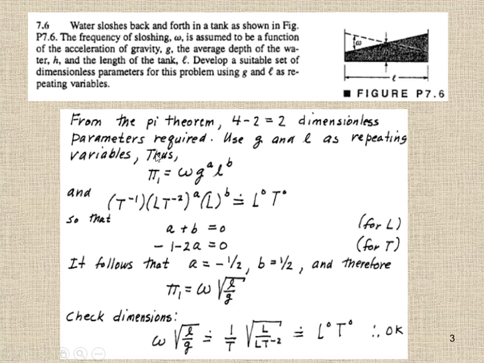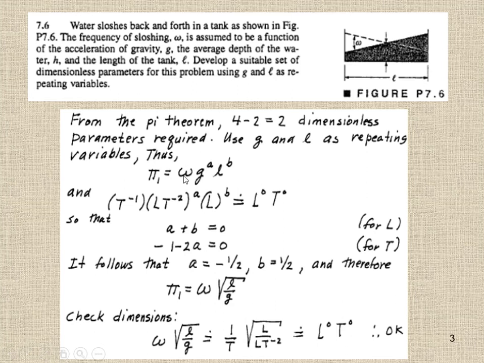Next, once you find out the number of dimensionless groups, we start forming the first dimensionless number. How do you find it? In the first pi term, we multiply one non-repeating variable with the repeating variables with exponent powers. So g and L are the repeating variables with exponent powers, and we multiply them with the first non-repeating variable, omega.